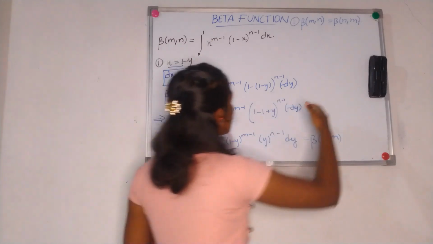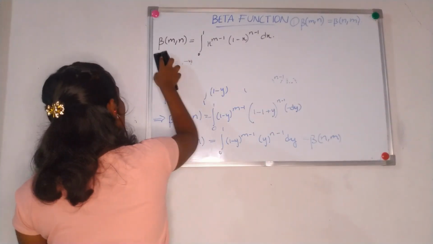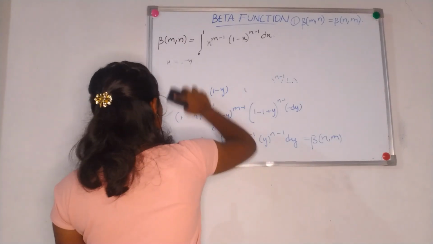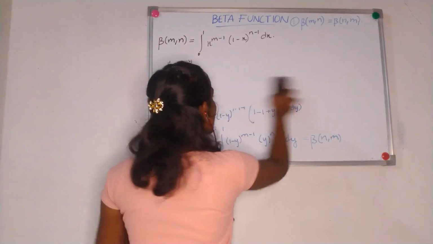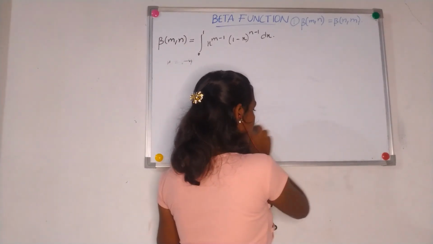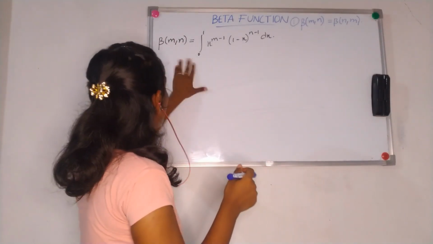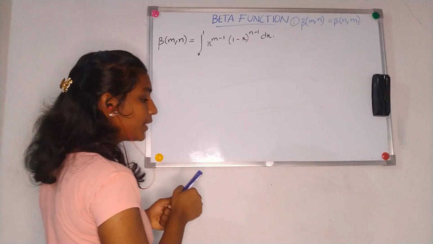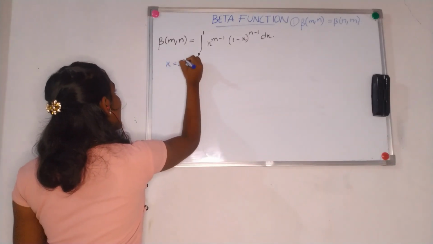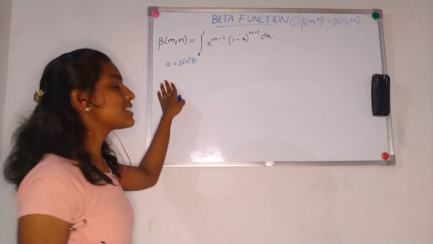Now let us look into some other relations which we also need to remember, which will be important so that we can solve some problems in a very easy way. So the second thing is, we have to put x equal to sine square theta.